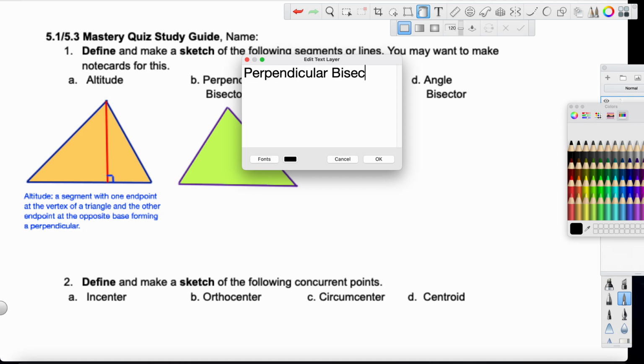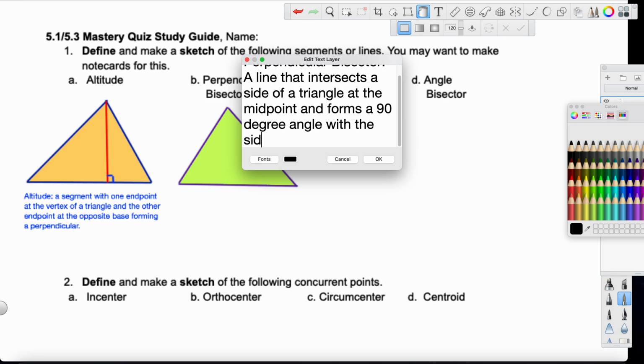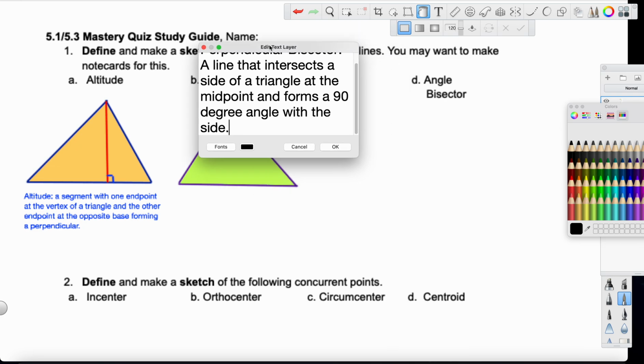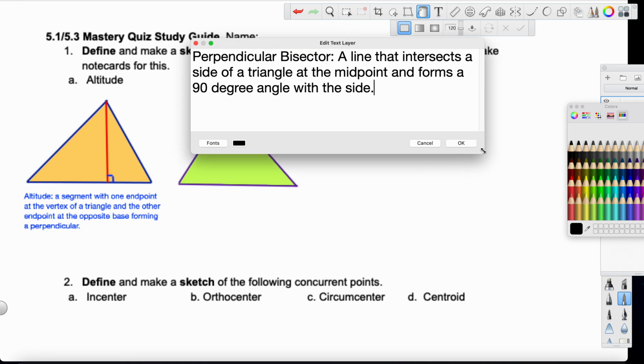Perpendicular bisector is a line that intersects a side of a triangle at the midpoint and forms a, let's say, 90-degree angle with the side. I say 90 degree this time because I don't want to use perpendicular in the definition.